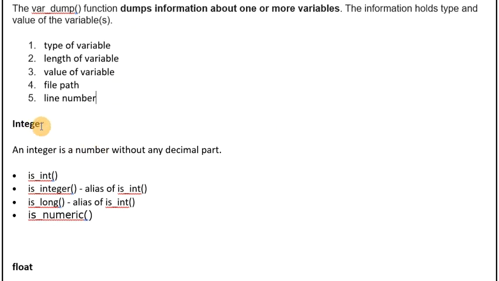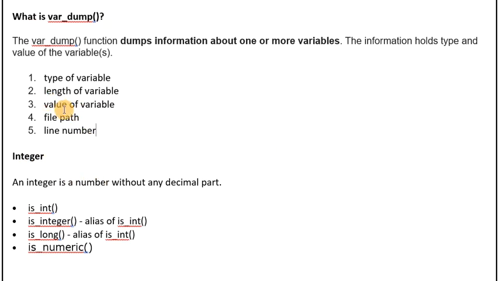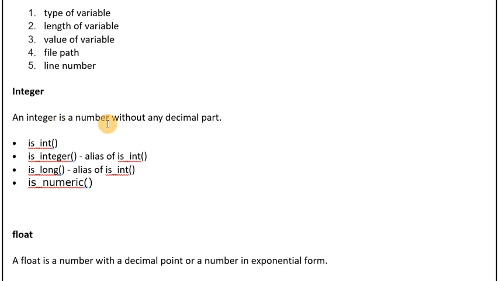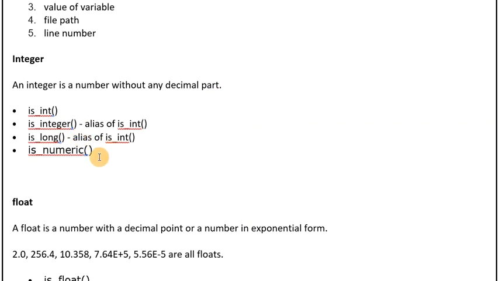Now come to the next topic, that is the integer. What is an integer? An integer is a number without any decimal part. Whatever number we use that does not have a decimal part is called an integer here. Regarding the integer, there are basically four functions we are going to see.